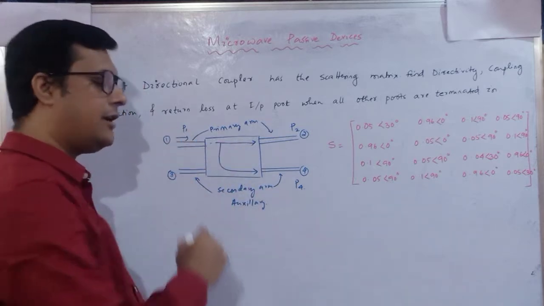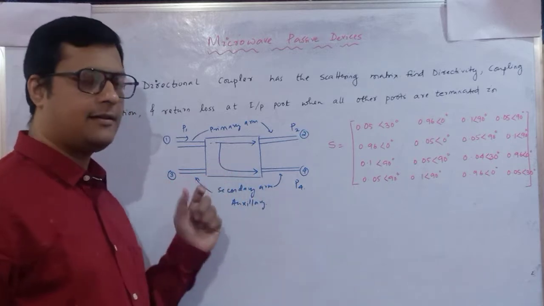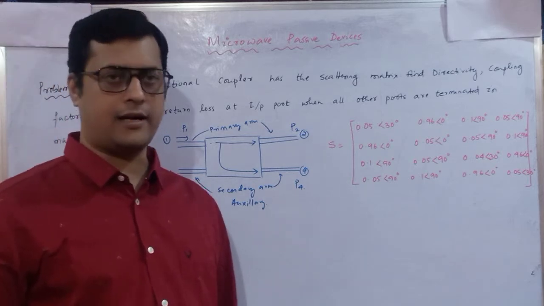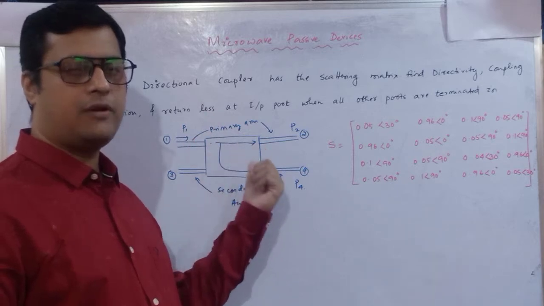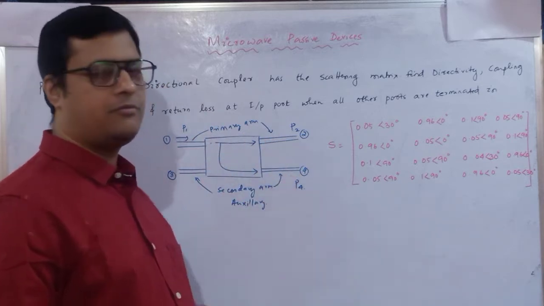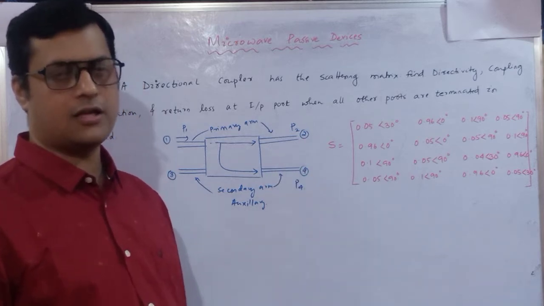But when we are exciting port 1, port 3 acts as the isolation port. So whenever we identify the isolation factor, we take the ratio between the power input at port 1 with respect to port 3. If it is port 1 with respect to port 4, you get the coupling coefficient or coupling factor.